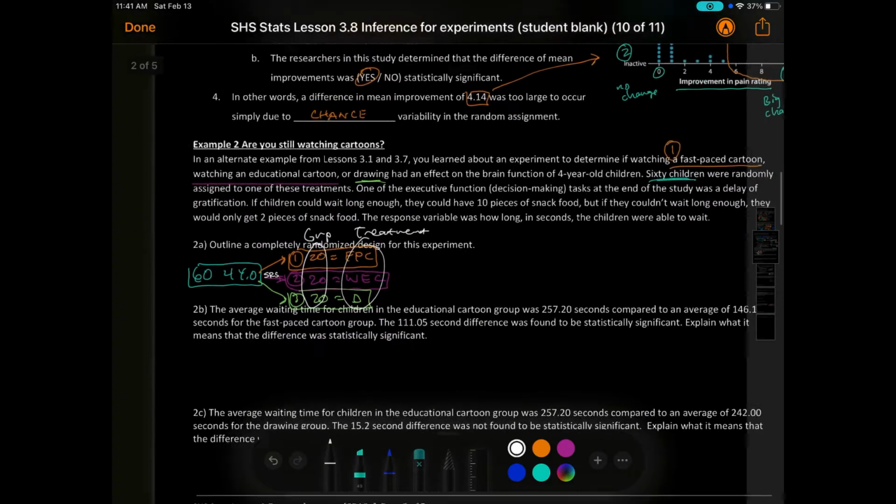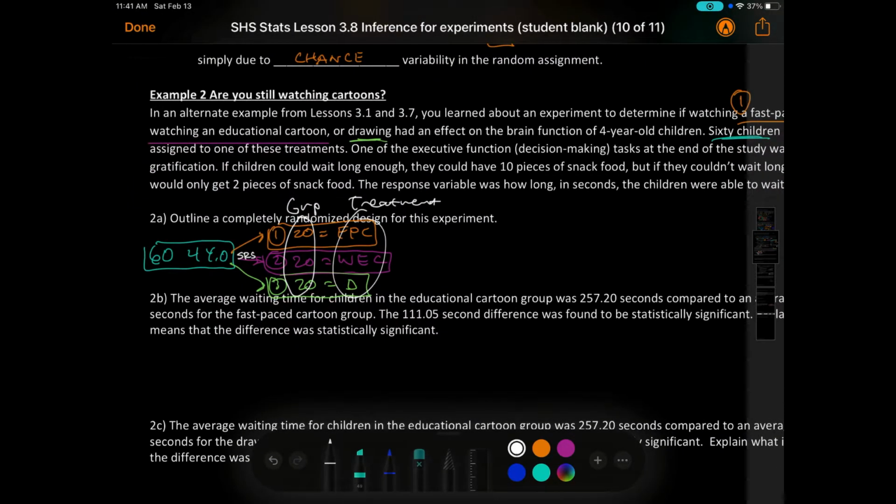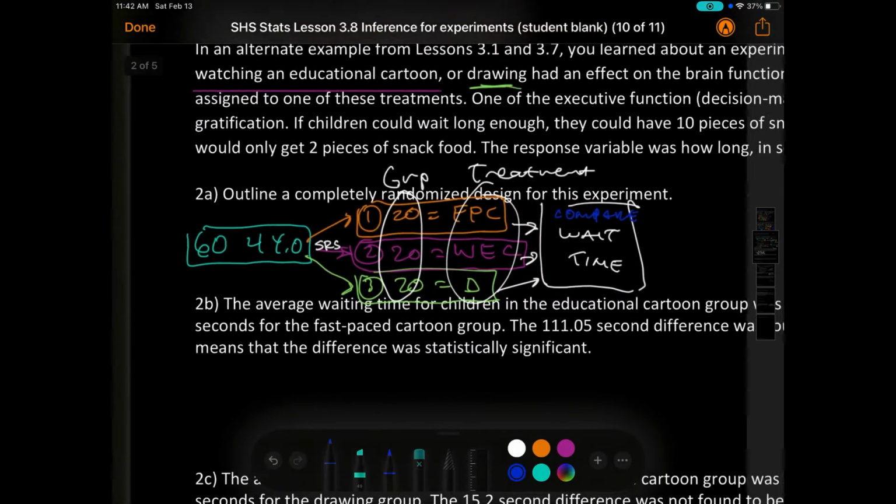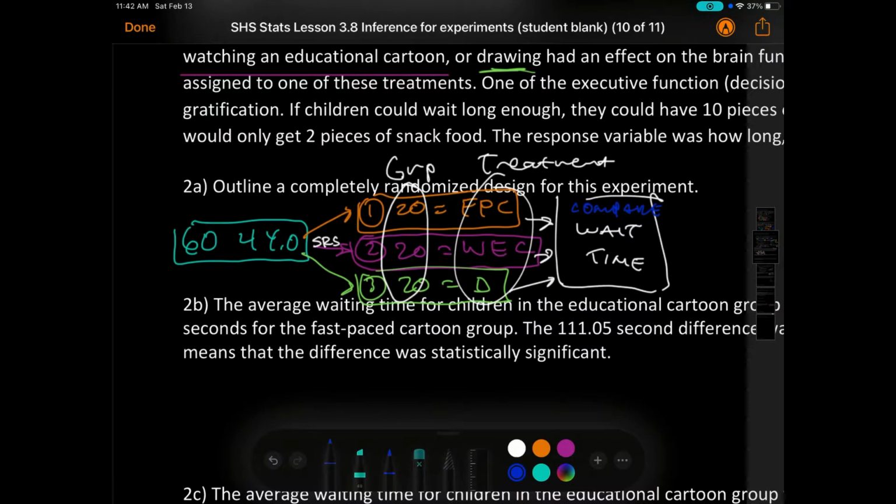Okay, then afterwards they wanted to know the wait time. They compared the wait times. That's right, compare on top. You're kind of telling the kid if you can delay, you get 10 pieces. If you can't wait, then you get 2 pieces.